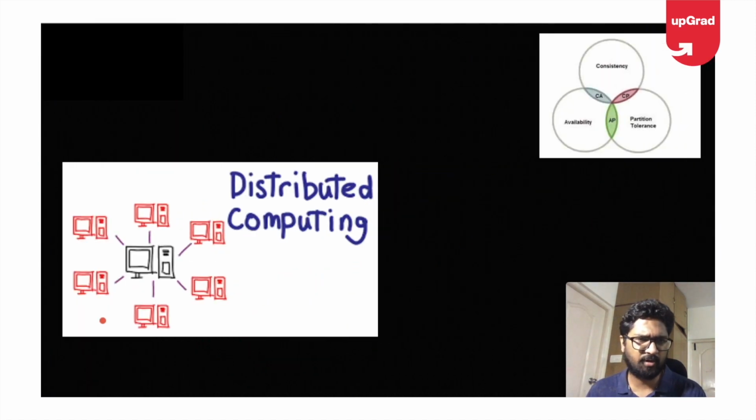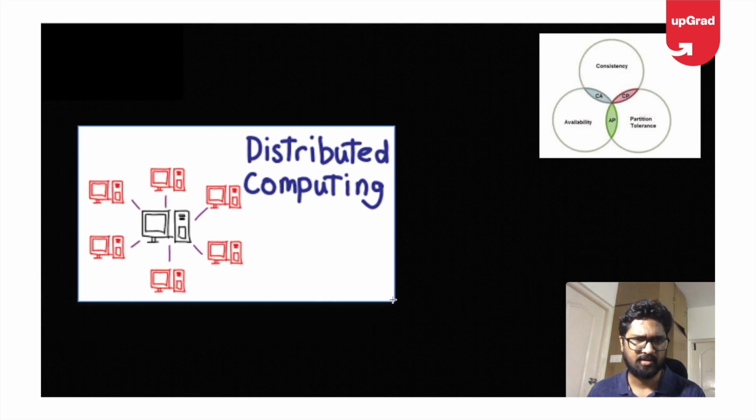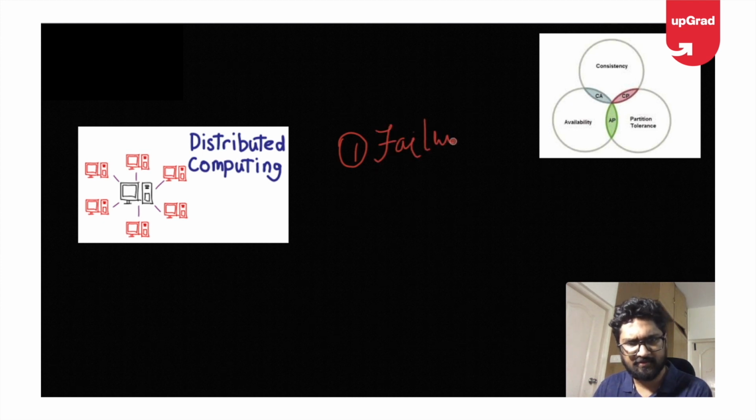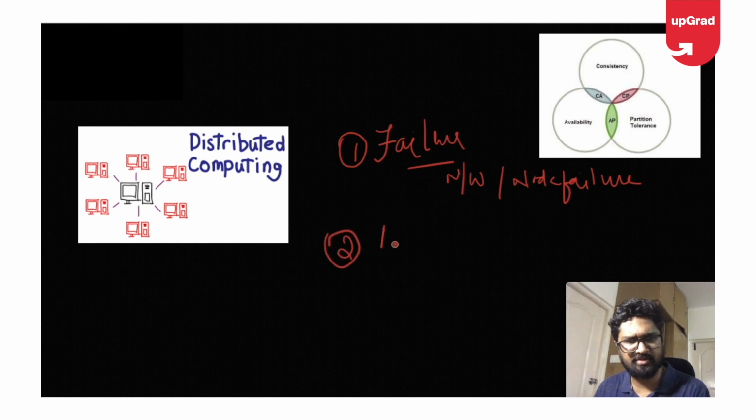So the CAP theorem says that in a distributed system you normally have three kinds of problems. One is failures, which can be because of the network or node failures. The second is availability issues.